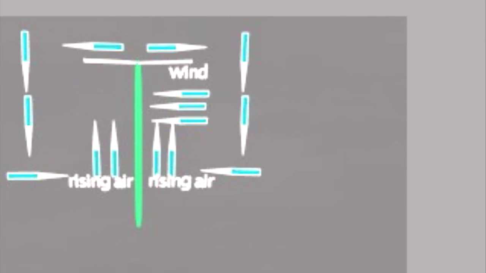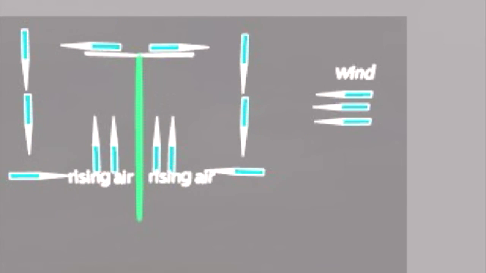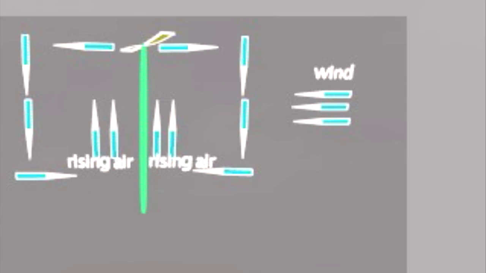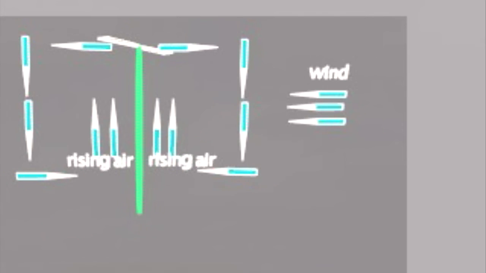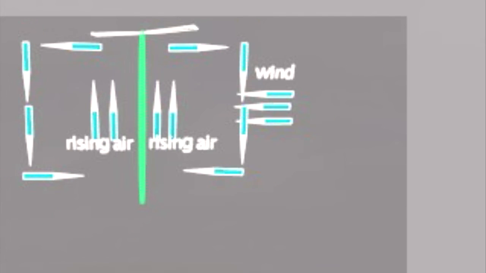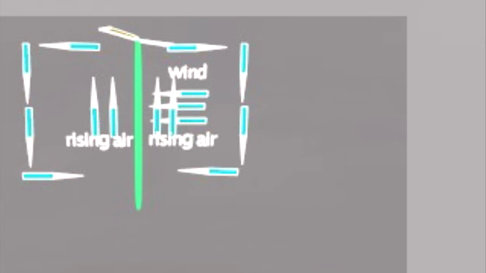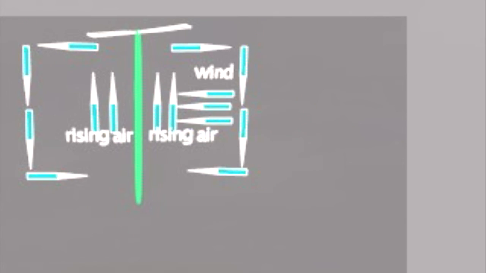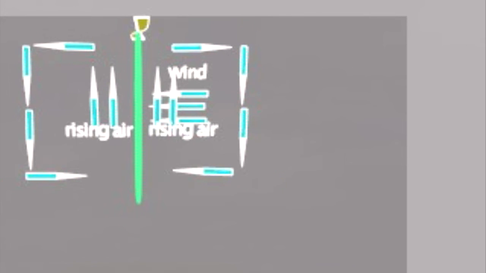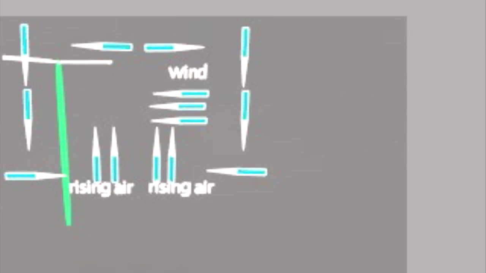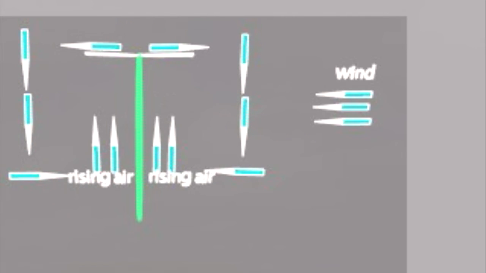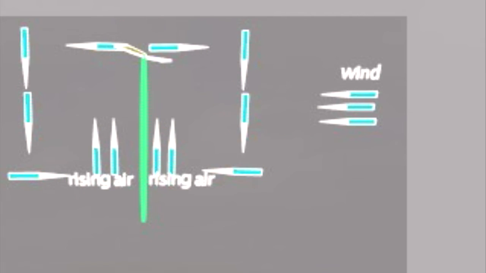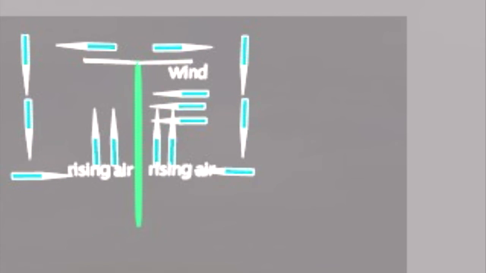When the wind is on both the top and the bottom, it will be the common case which we all have outside when we play with the hand helicopter. It will push it to the side and it will fall down, not only pushing it to the side but also to the ground.